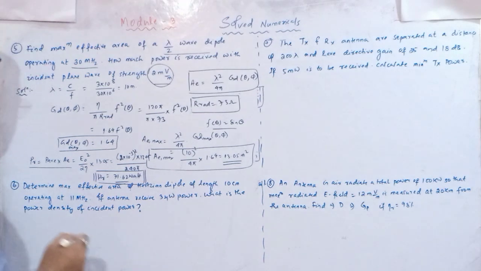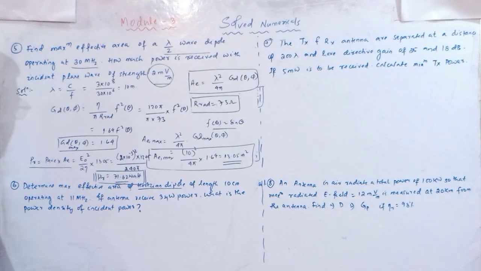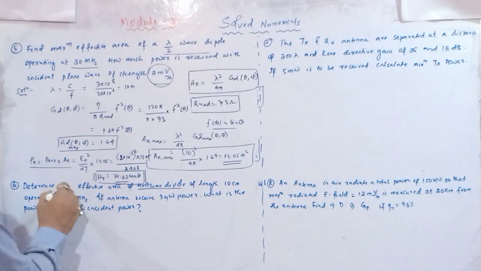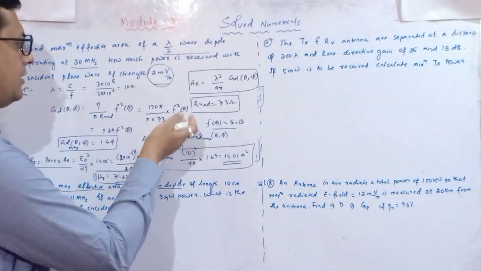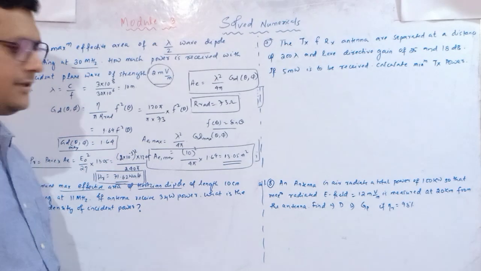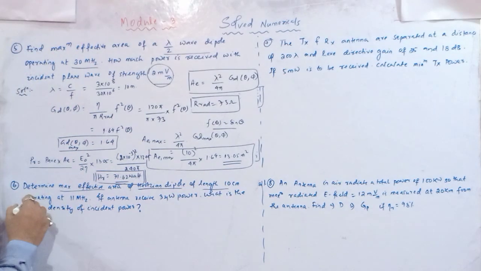Next question: here we have a Hertzian dipole. Determine the maximum effective area. It is similar to this, but it is a different antenna, so your radiation resistance will change, and your effective area is also going to change. Maximum length of 10 centimeter operating at 10 megahertz.